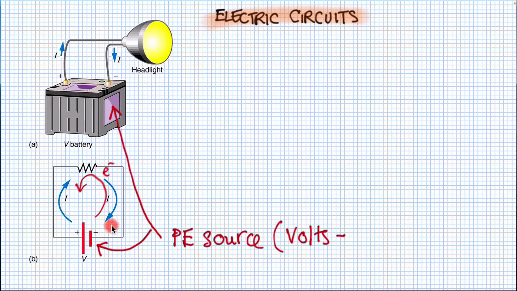If we were going to talk about electron flow, then the direction would be anti-clockwise. That would be electrons running from low to high potential.